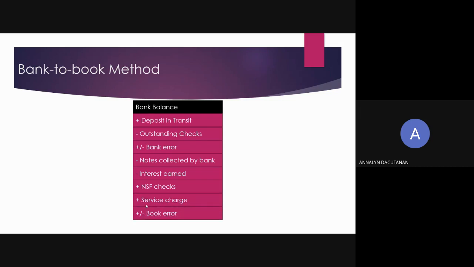And then book error, if we have deducted it before, then we'll have to add it back. If you have added it back before, you have to deduct it. When you reverse these formulas, from here to here, then you'll arrive at your ledger balance.